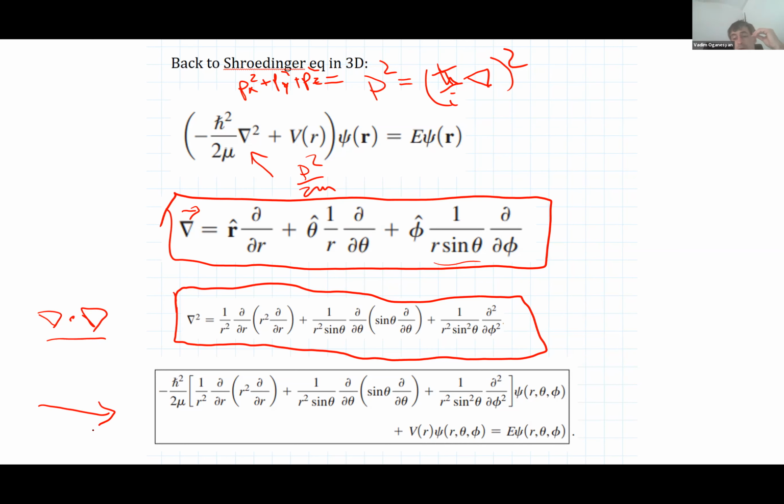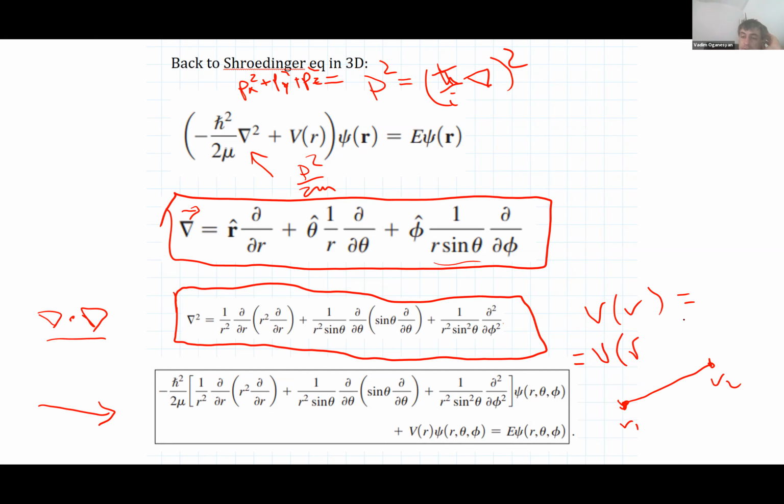And now you might ask, why do we bother with spherical coordinates? Why don't we use Cartesian coordinates? The answer is that V of r depends on separation in real space, and that horribly mixes things.